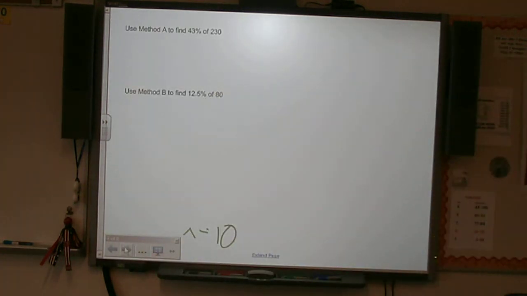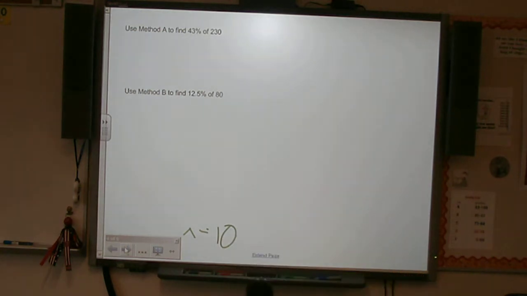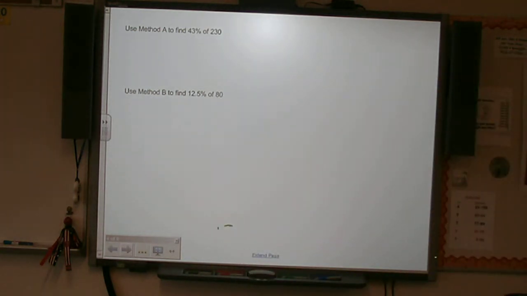Alright, use method A to find 43% of 230, and use method B to find 12.5% of 80. Okay, I would suggest pausing the video, working these two problems out, and then resuming play to check your work.